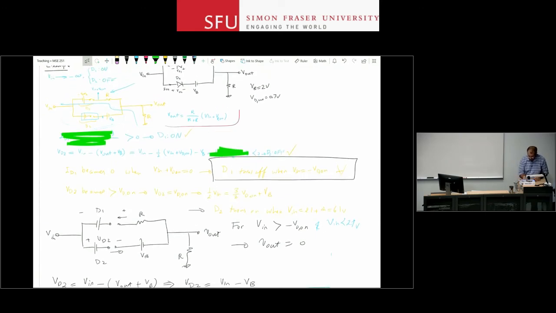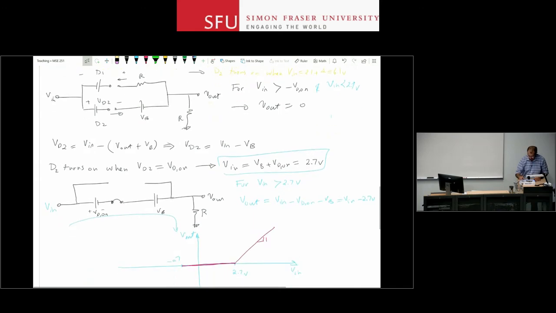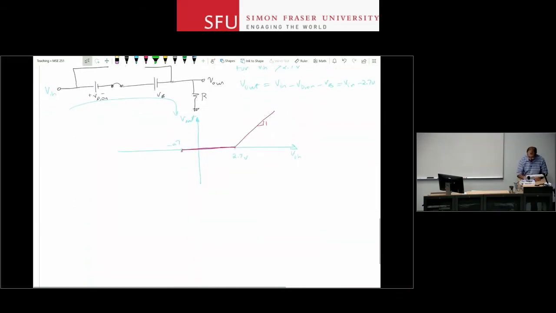This is my voltage for negative inputs. The slope is half before that, right? So this is 2.7 and 0, this breakpoint. And this breakpoint is minus 0.7 and 0. And this is my input-output characteristic curve for the diode circuit.